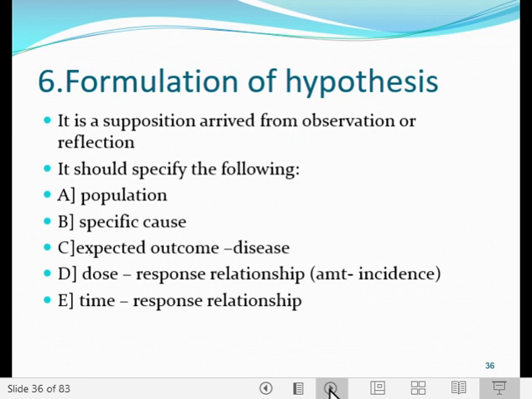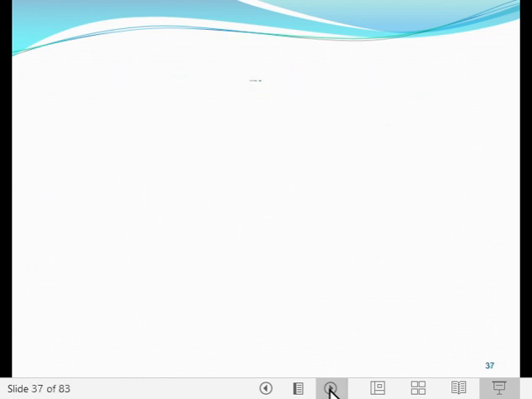A complete hypothesis is when you say that when you find a person smoking for more than 10 years and more than 10 packets per day, then that person has got 10% chance of lung cancer. So it gives you the dose response relationship, time response relationship, the specific cause, the population, and the expected outcome. So that is a hypothesis.